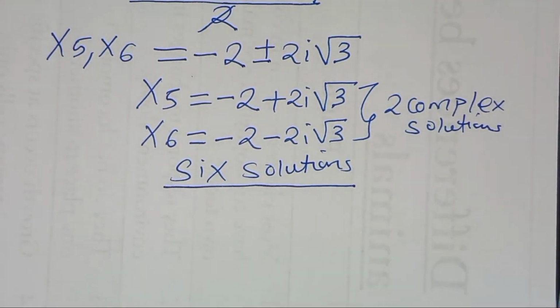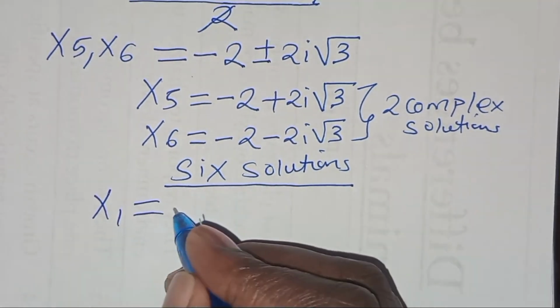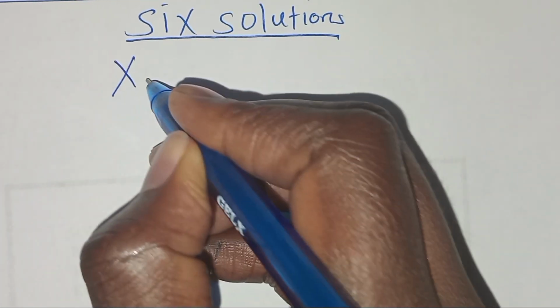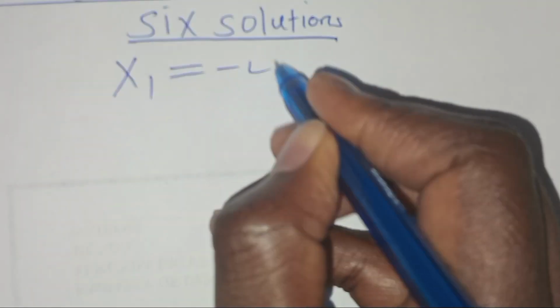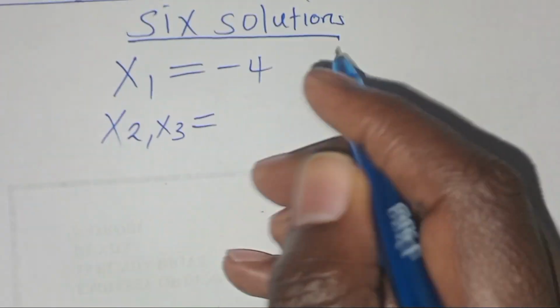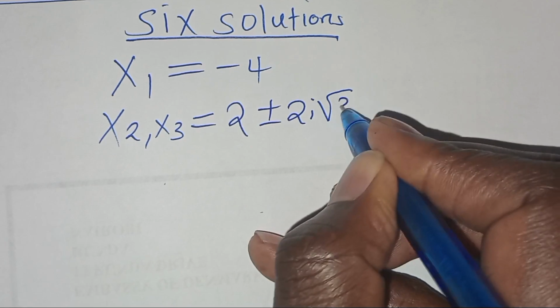Now in this case, we have x1 equal to minus 4. Now this implies that we have 6 solutions. That is x1, which is equal to negative 4. We have x2, x3, which is basically 2 plus or minus 2i square root of 3.